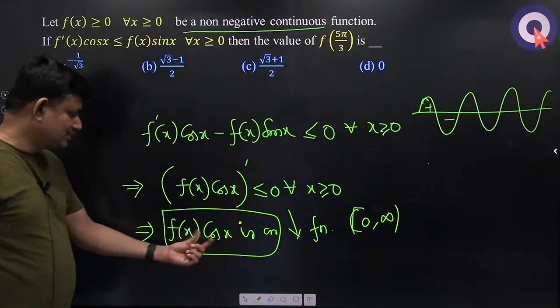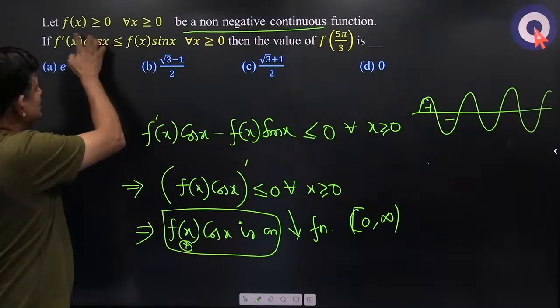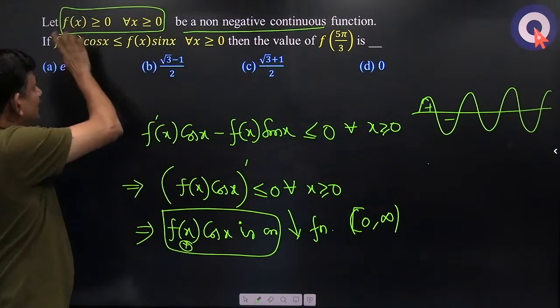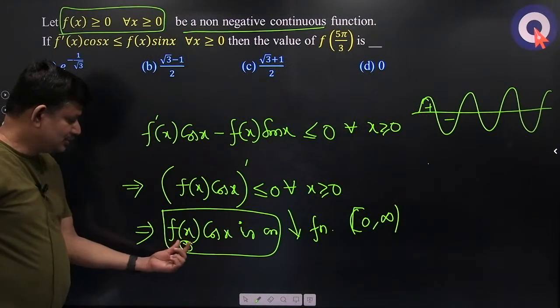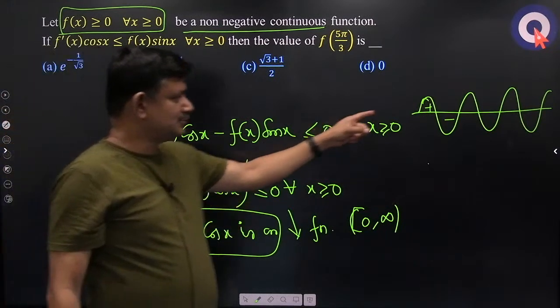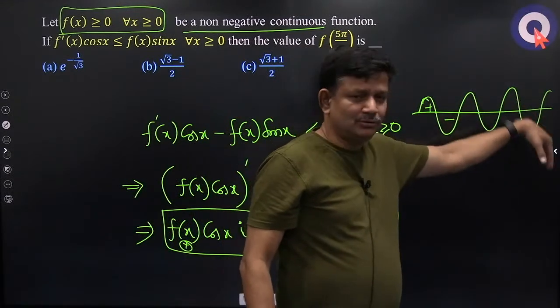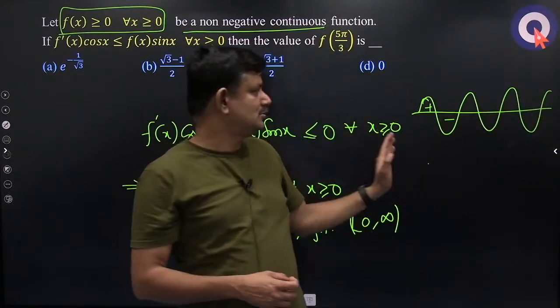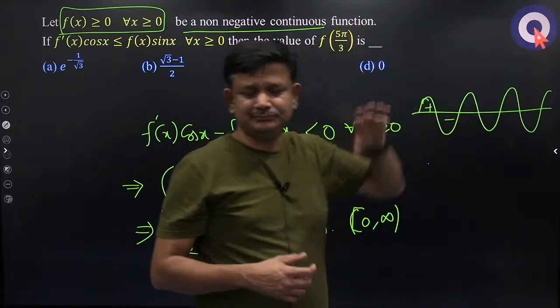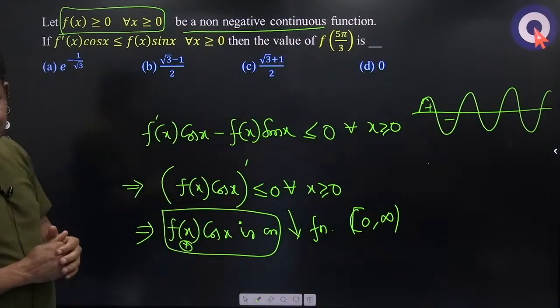Because f of x is always greater than or equal to 0 for all x greater than or equal to 0, this quantity is always positive. When cos x is positive, f of x cos x will be positive, and when it is negative, it will be negative. So f of x into cos x will follow the same wave behavior as cos x.